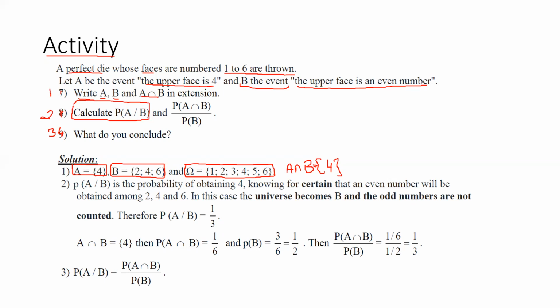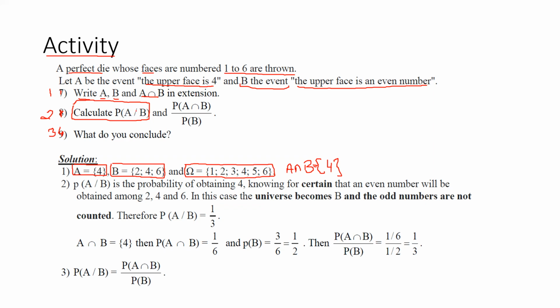Probability of A given B means knowing that the upper face is even, what is the probability that the upper face is 4? Calculate the probability to get 4.